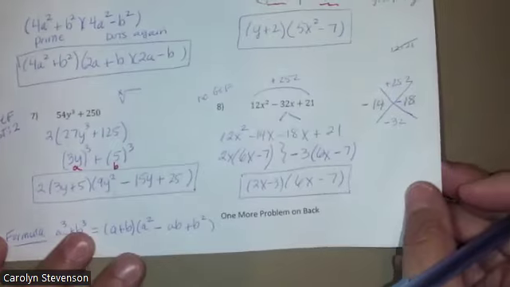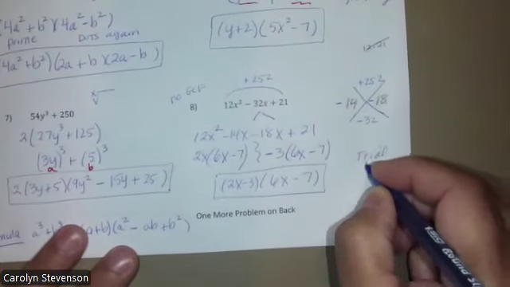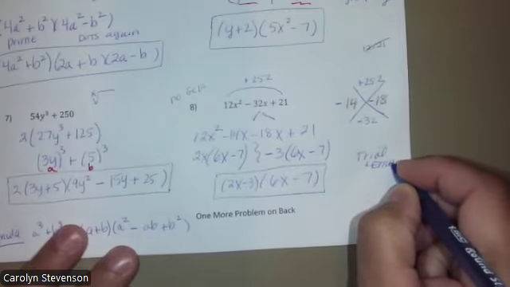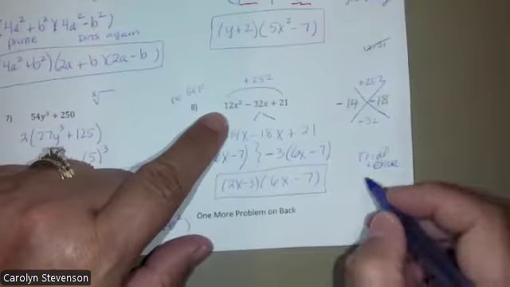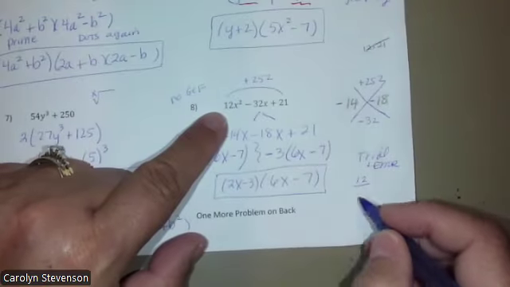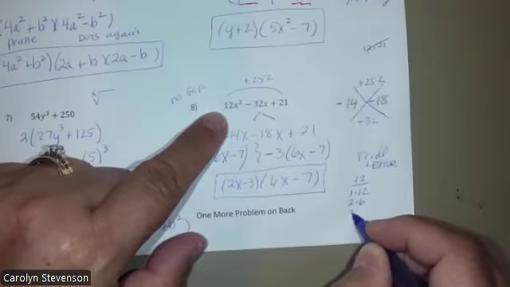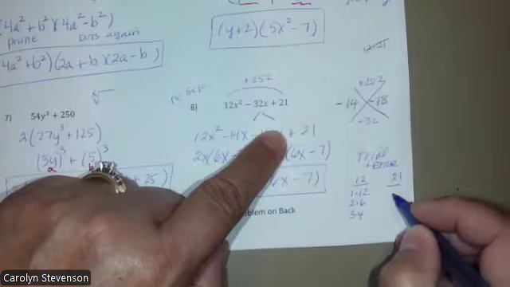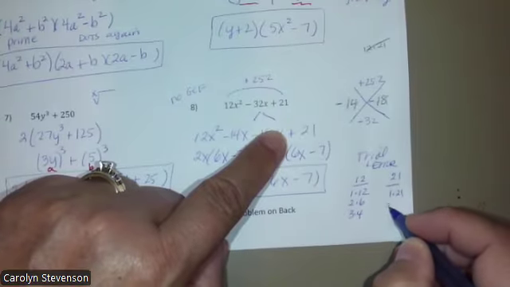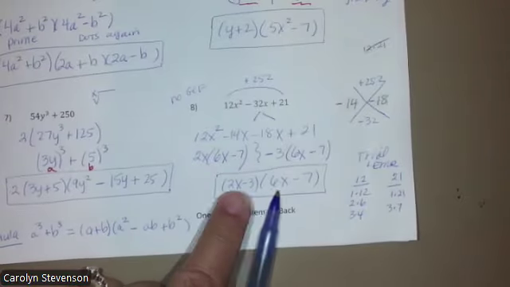I do want to just briefly talk about trial and error, if this is something you recall doing. You would take your choices for the first number, which are all the ways you can multiply to 12: 1 times 12, 2 times 6, 3 times 4. And then you would take your choices for 21: 1 times 21, 3 times 7. You would start with your two parentheses right here.